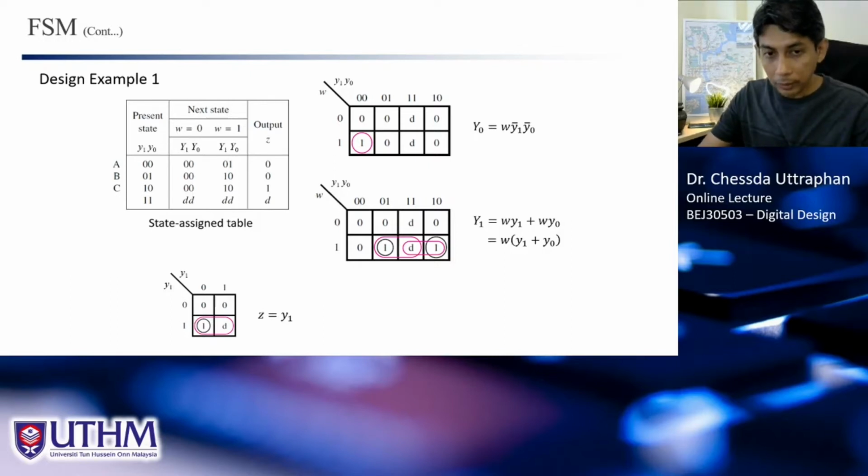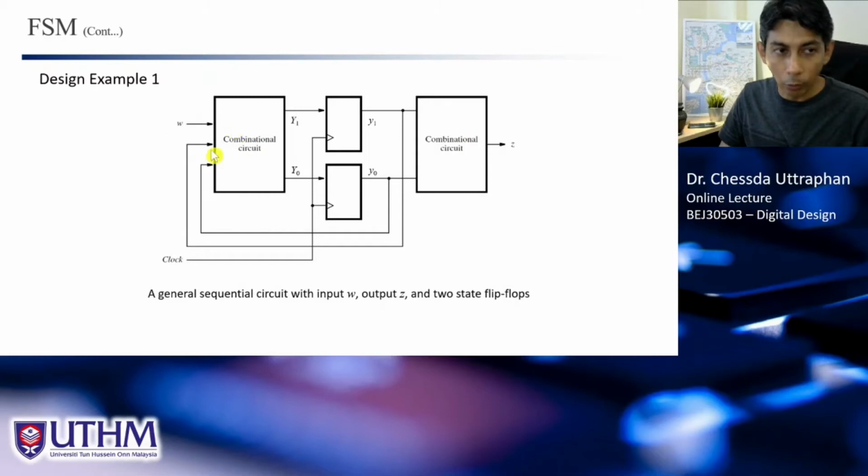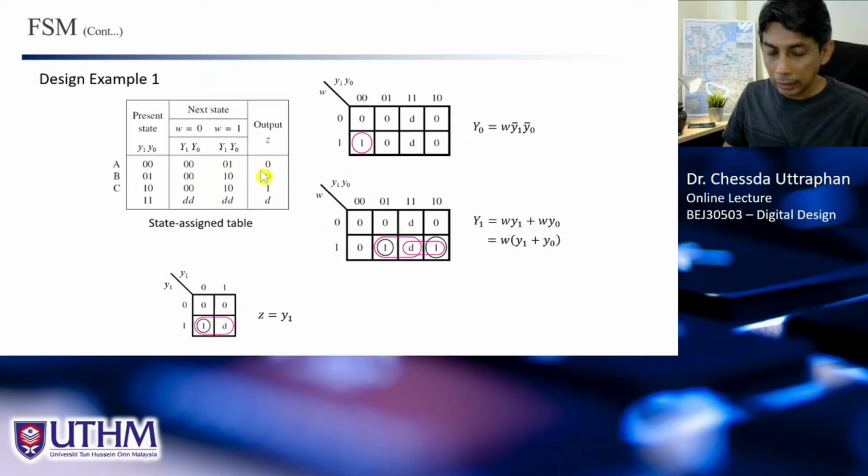Or if you have more states, more than 20, it will become more difficult. And here we have only one input. What if we have more inputs? The circuit will become more and more complex, so deriving the circuit using this method is quite impossible.